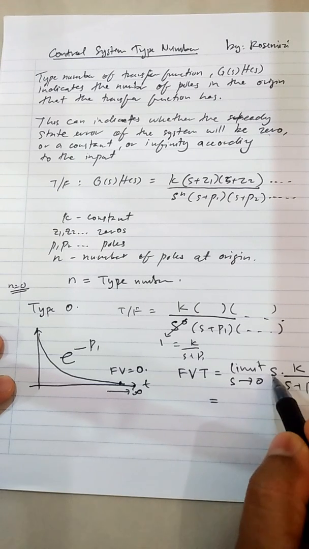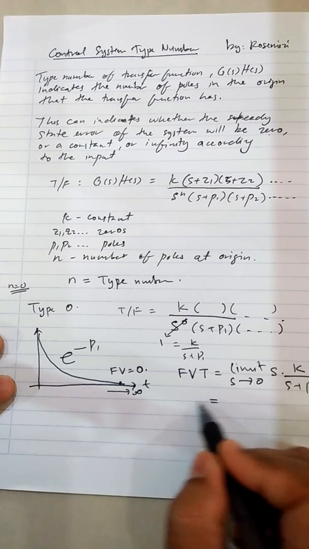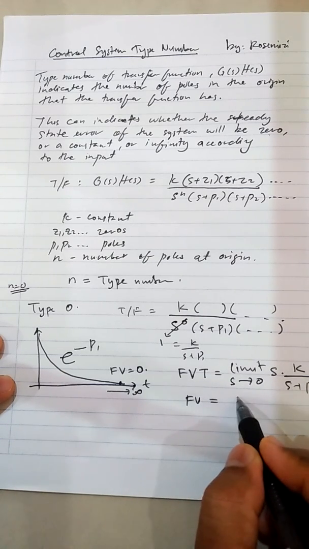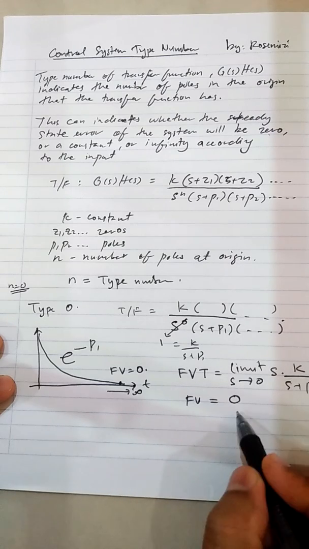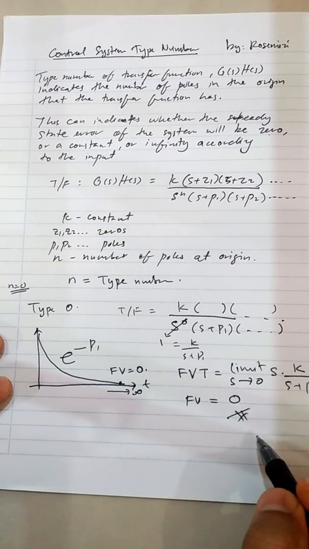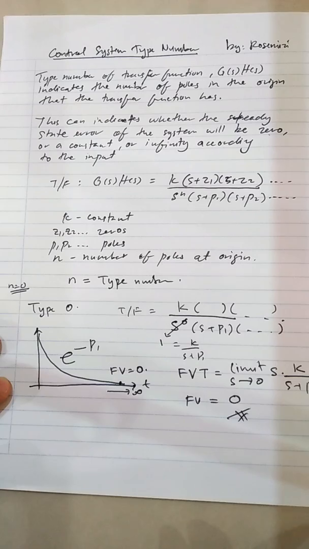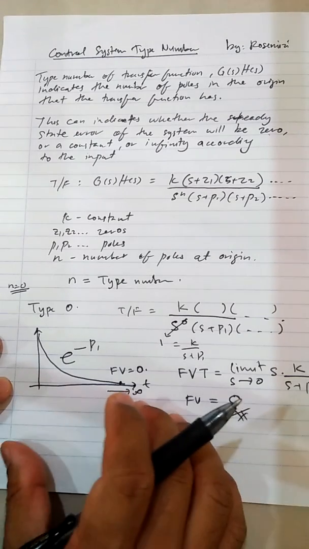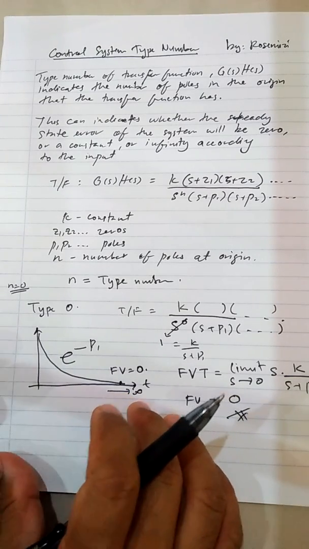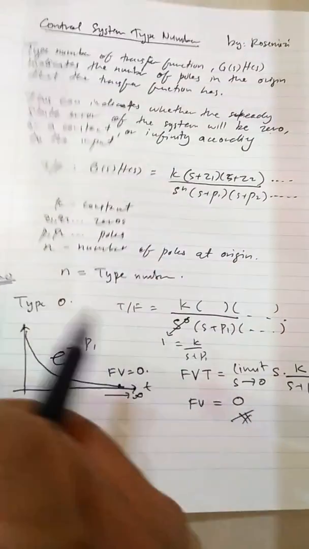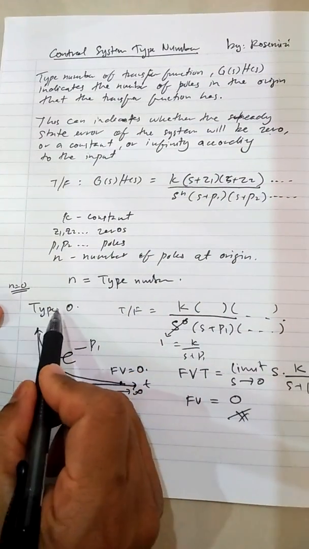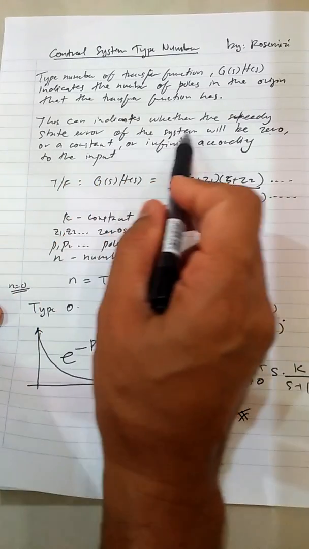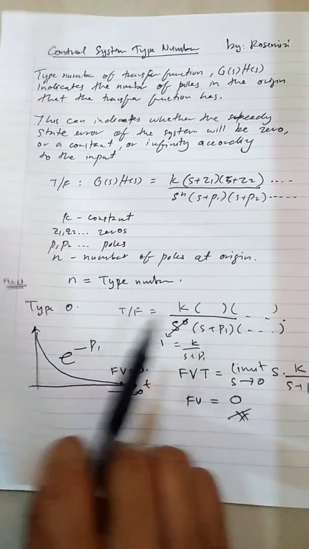When s equals 0, this becomes 0. So the final value is also equal to 0. Okay, this is for type 0. For type 0, the steady state error becomes 0.